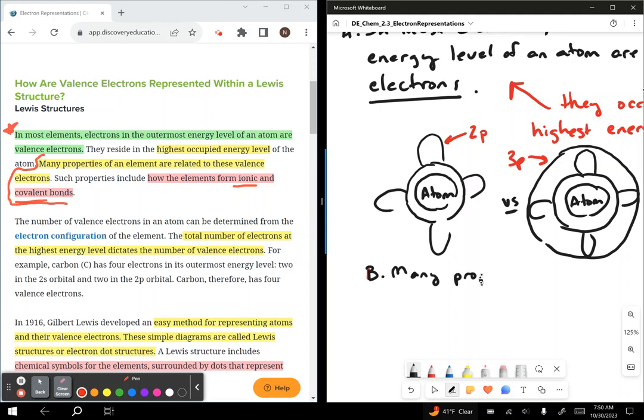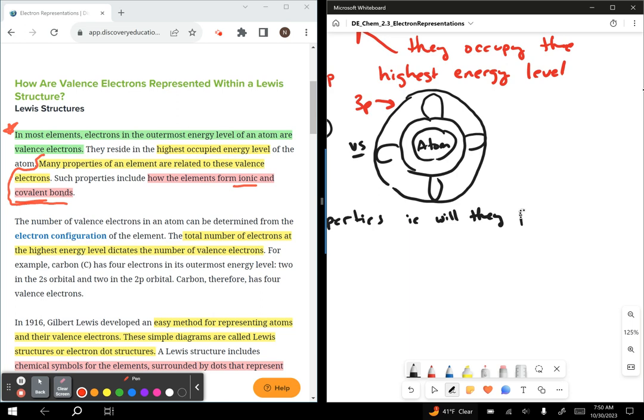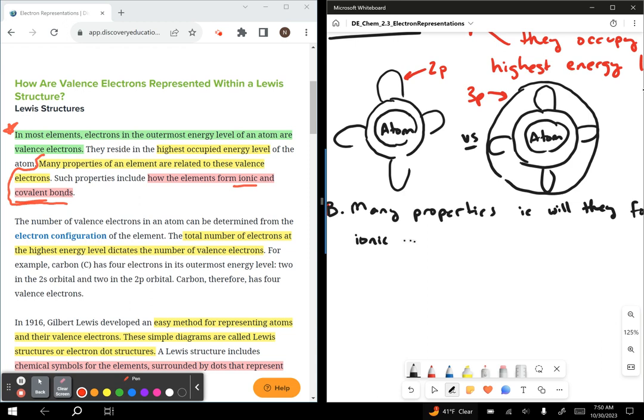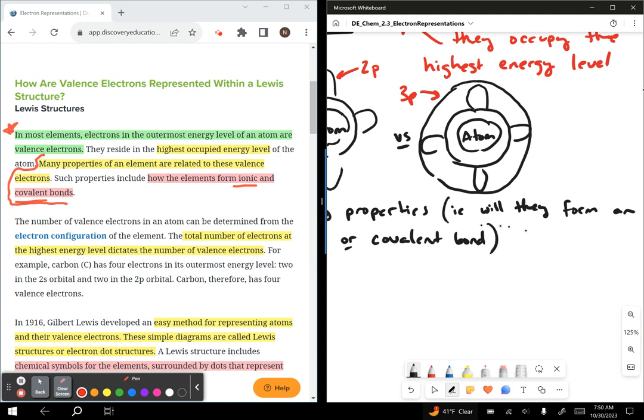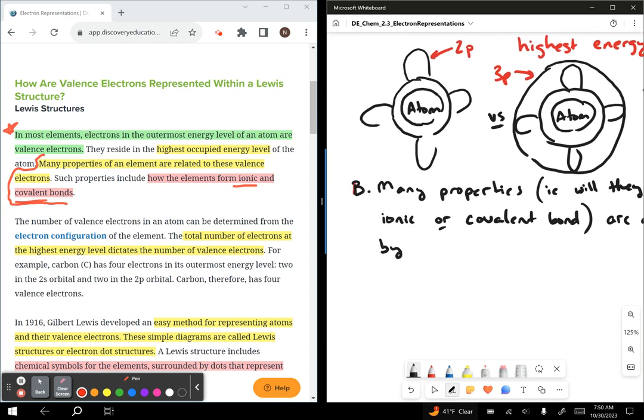Many properties, i.e., will they form an ionic or covalent bond, are determined by valence electrons.